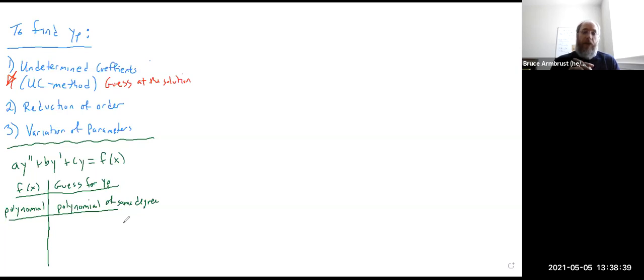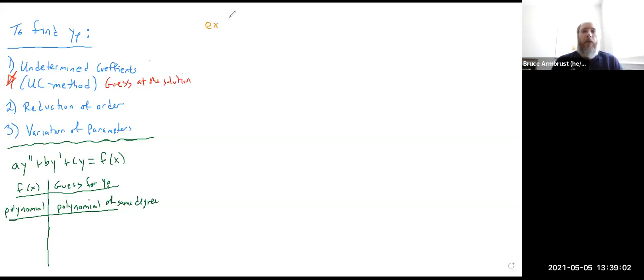To ensure that we've got the same degree as our f of x, that's what we're going to guess. Let me show you what I mean. Let's do an example here that's a little bit more complicated, or at least complicated looking, than the one we did last time.